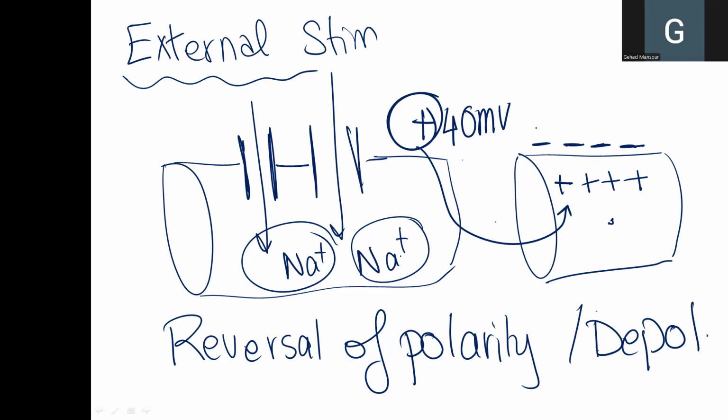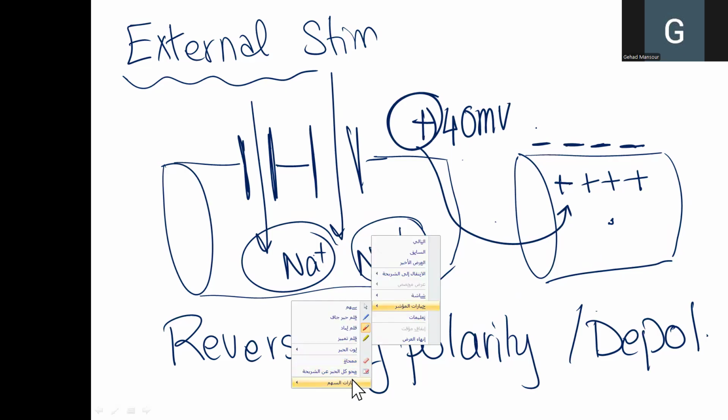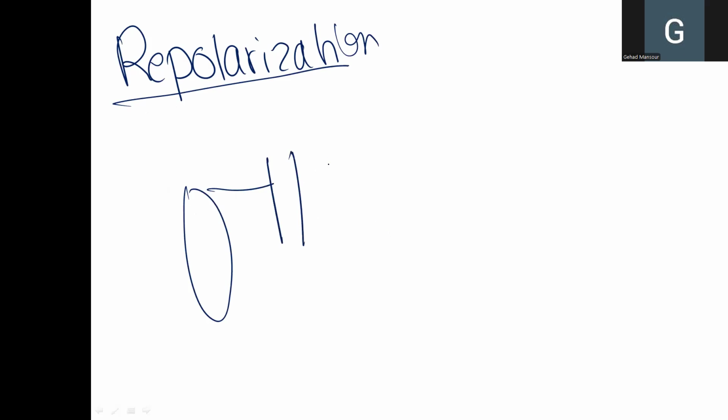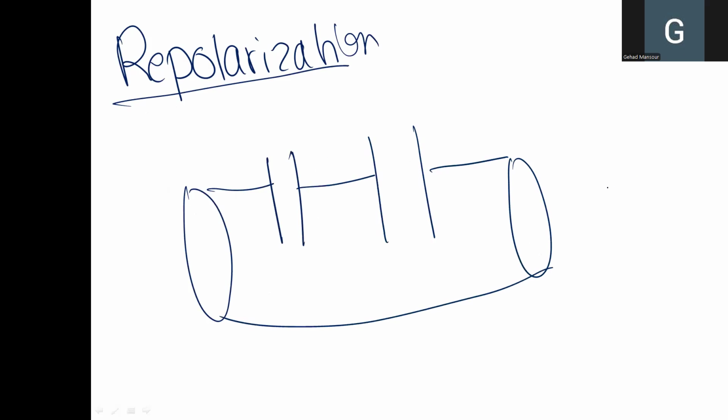But this status cannot stay for long, because when you have a lot of positive charges inside, they start repelling each other. And afterward we return to the resting state, which is repolarization. In repolarization, sodium channels close, and potassium channels open.